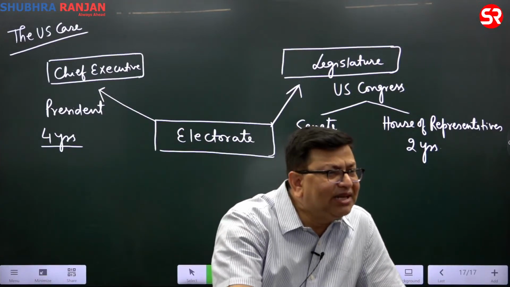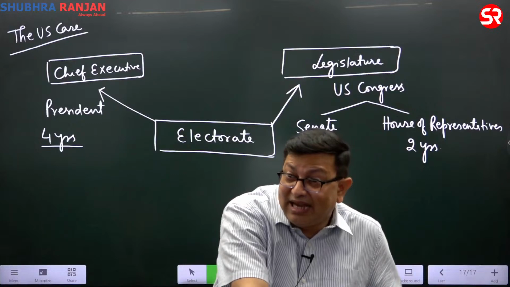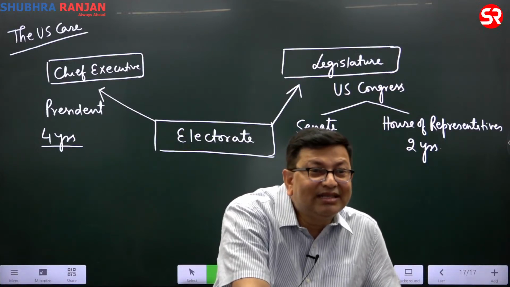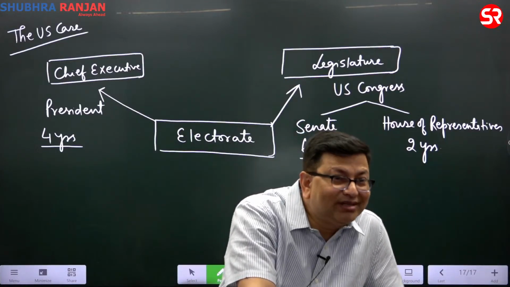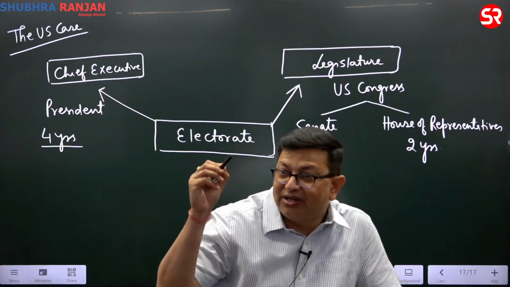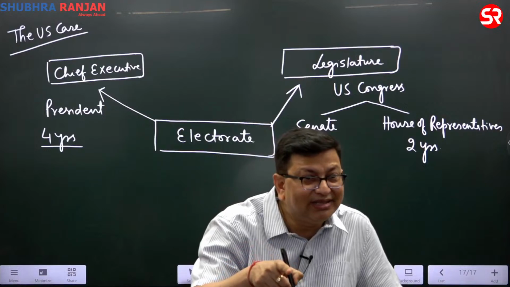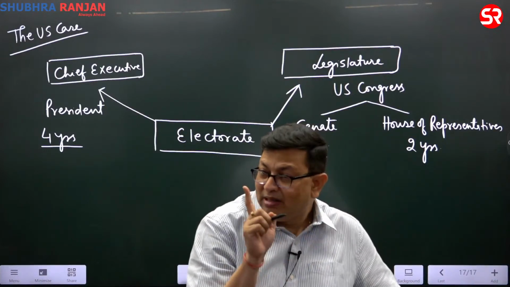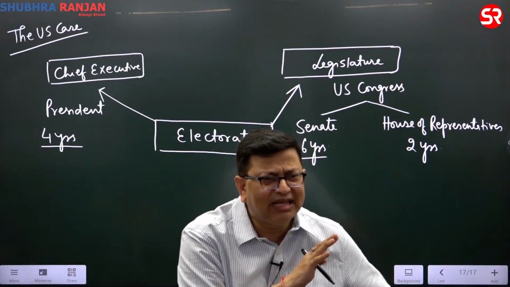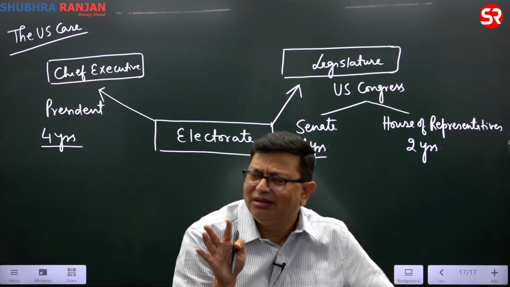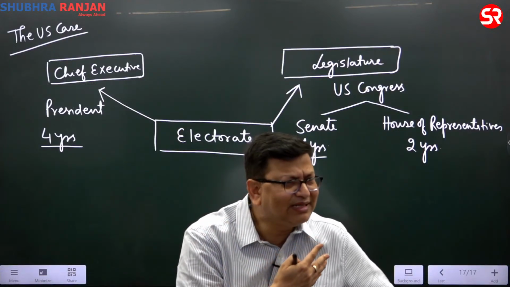So, in the presidential system, what we see is that there is strict separation of powers. The executive functions will be discharged by the American president and his group, that is the secretaries. The president and his team has nothing to do with the system of the legislature.